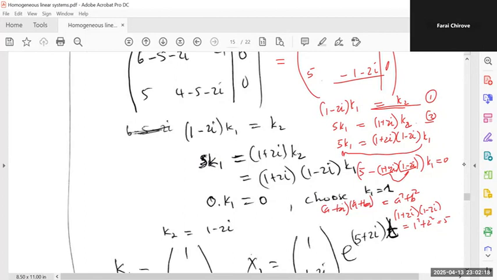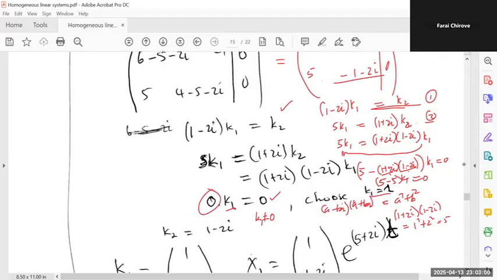So I can easily simplify this to 5 minus 5 times k1 is equal to 0. That led us to say 0 times k1 is equal to 0. So this might mean that k1 is equal to 0, or k1 is arbitrary. It's not necessarily equal to 0, but if we say k1 is equal to 0, that sends k2 to 0 and it will give us a trivial solution. We are not looking for a trivial solution. We are just looking for a non-trivial solution. So k1 cannot be 0.